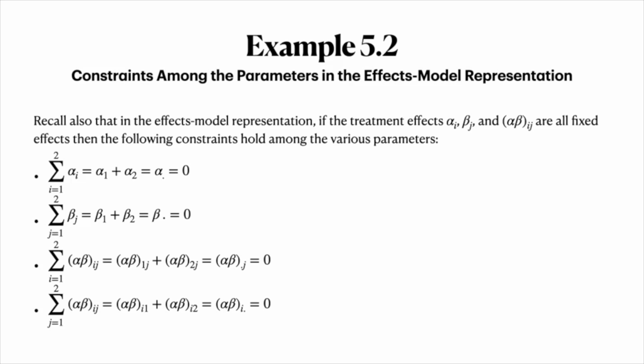If we sum the alpha beta ij's along the first index, the i index, then that sum is 0. And if we sum the alpha beta ij's along the second index, the j index, then that sum is 0 as well. The implication of those last two constraints is that if we sum the alpha beta ij's over both indices, then that would be 0 as well.